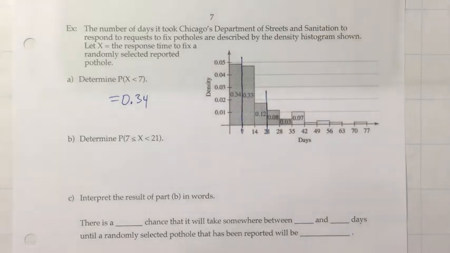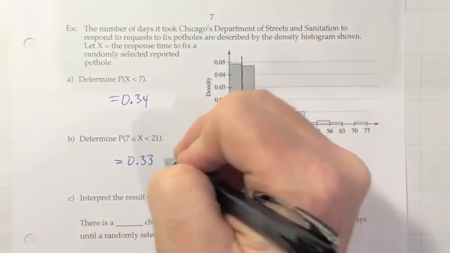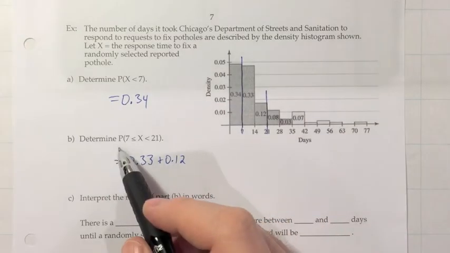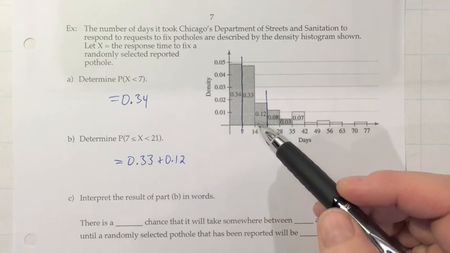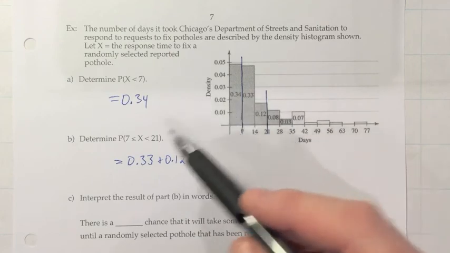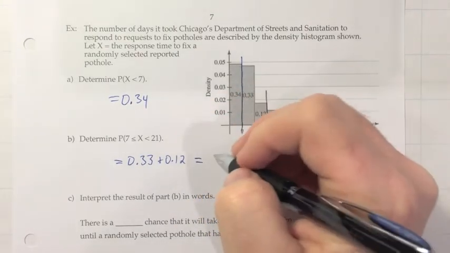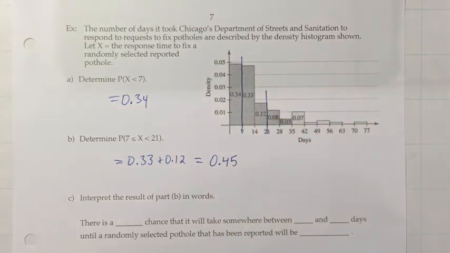So it looks like there's 2 bars that fall in that zone, and they have areas of 0.33 plus 0.12, and they're areas, right? And they're asking for probability, but remember, area on a density histogram is the same numerical calculation as probability. So we're going to use area of density histogram to answer probability questions. And then we have two of them, so we'll just add them together. So that's 0.45.